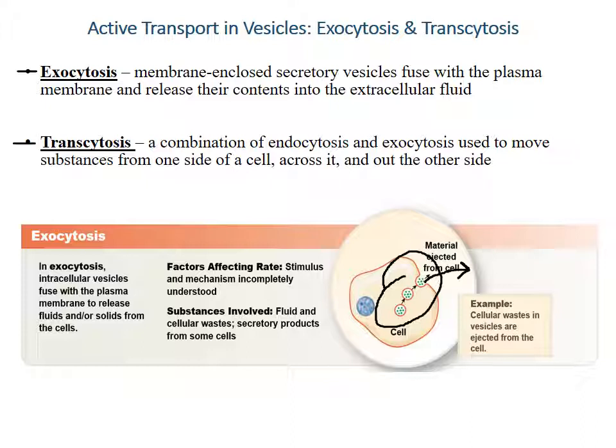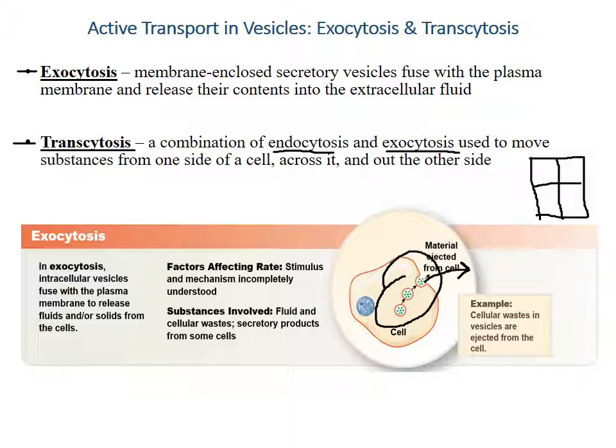Transcytosis is sort of a unique combination of both endocytosis and exocytosis. This is a situation that allows materials to get through multiple layers of cells to get to a particular cell that it needs to get to.